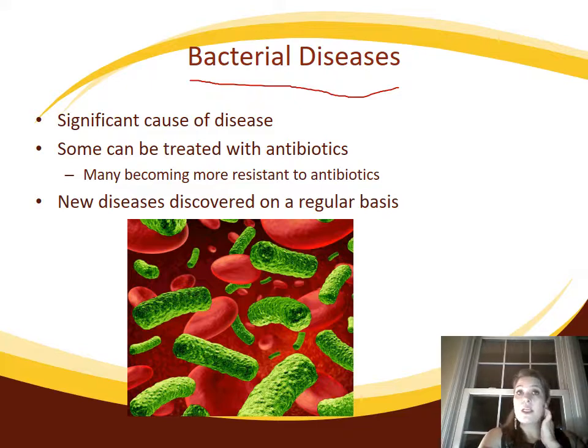And another reason is that there are specific diseases that you will be tested on in your national exam. So the ones that we're covering are the ones that you're required to know for your national exam, and also the ones that are particularly helpful to know in the preparation room because there are things that you could possibly be exposed to.